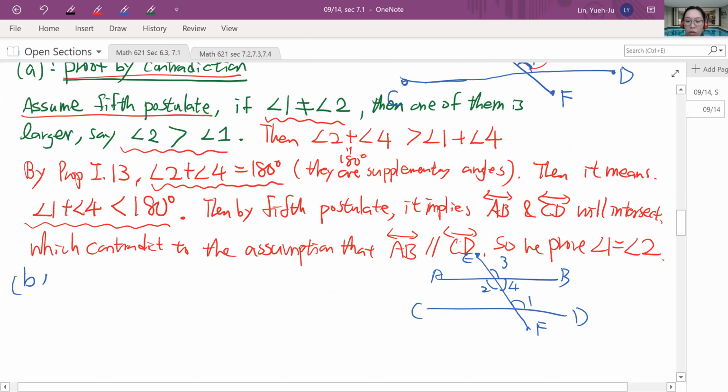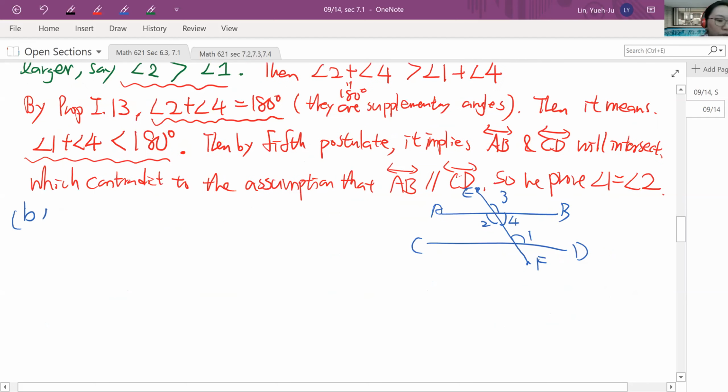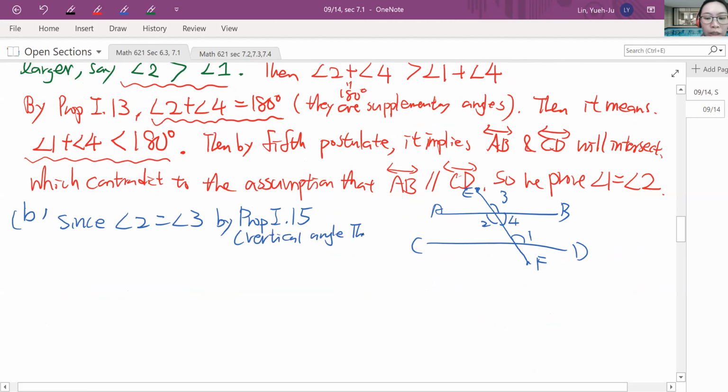Let me copy down the picture so you can compare. Now, angle 2 equals angle 3 by proposition 15, which is essentially the vertical angle theorem, because 2 and 3 are vertical angles to each other.